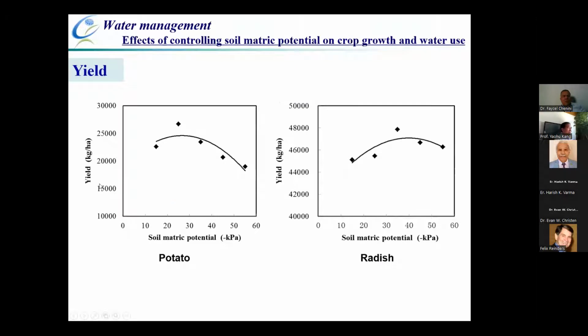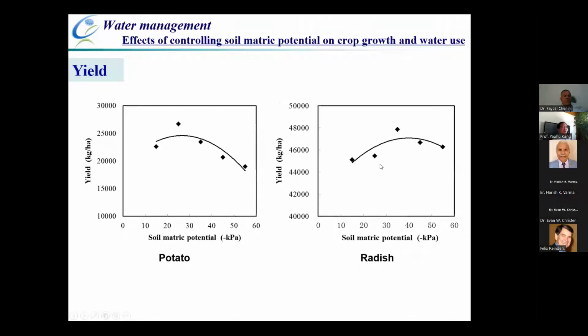Also, this is the yield. Yield increases as the soil matric potential decreases from minus 15 kilopascals. When it reaches minus 25 kilopascals, the potato yield is the highest, and then it turns to decrease.